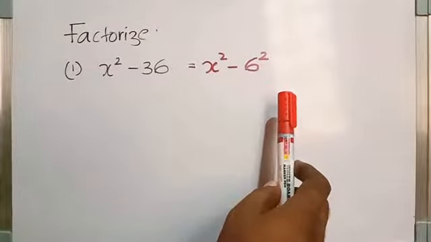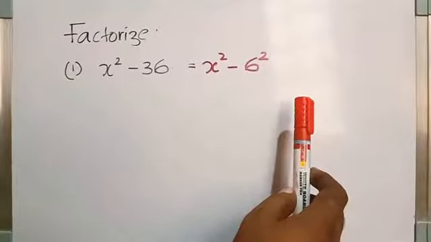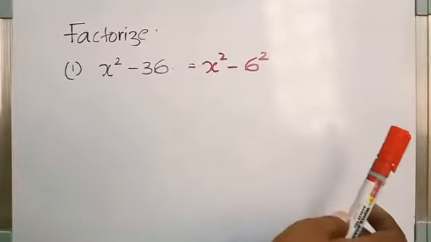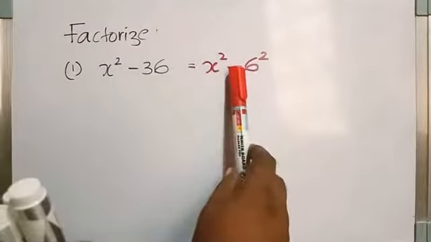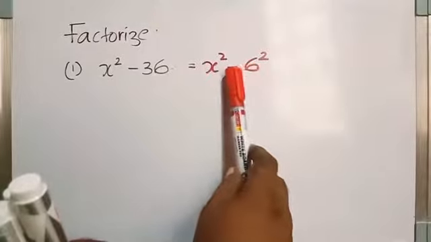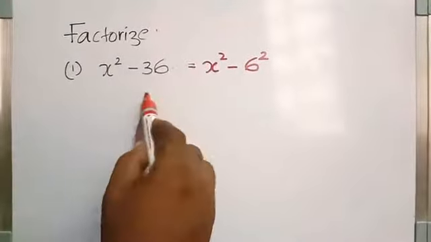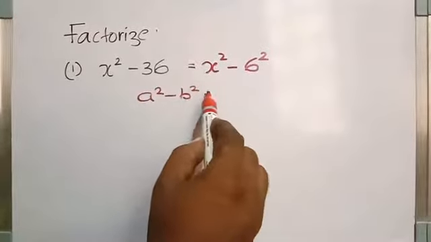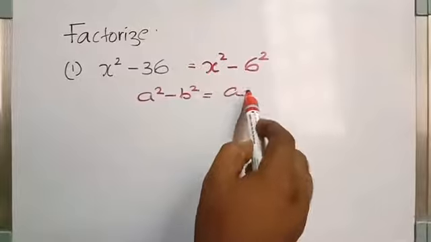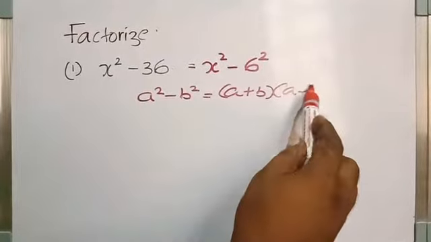Now you have to think, is it in any of the forms we learned? We have learned a plus b the whole squared, a minus b the whole squared, and a squared minus b squared. See, it is the difference of two squares. It looks like a squared minus b squared, and you know that is a plus b into a minus b.